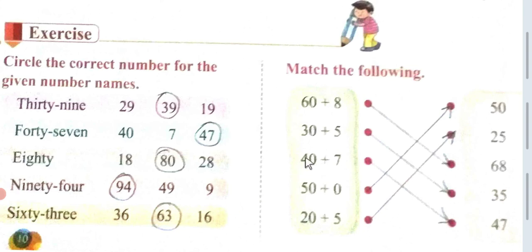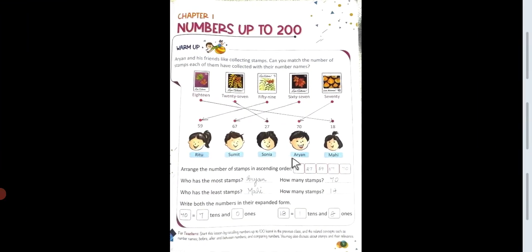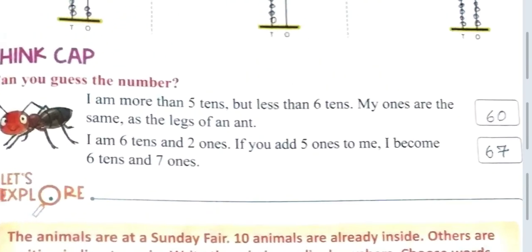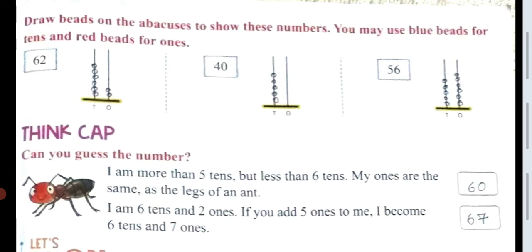So let's move to the next exercise. You can see here, draw beads on the abacus to show these numbers. You may use blue beads for tens and red beads for ones.